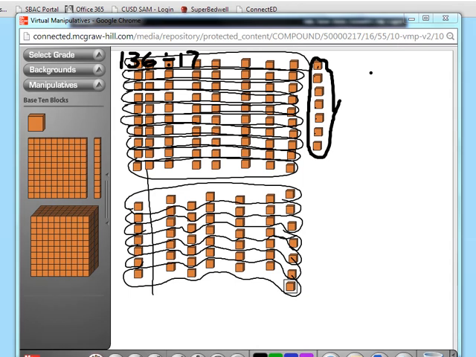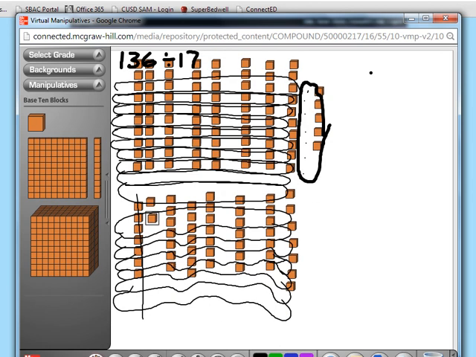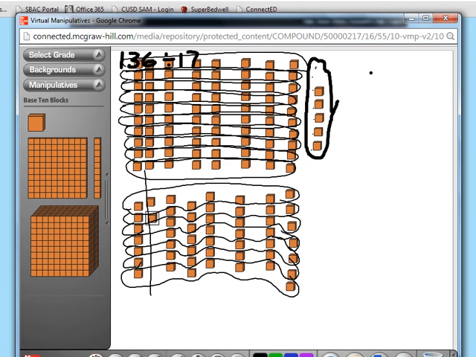So I messed up. Okay. So if you don't want to sit at home and draw circles or squares, you can do this and use your online manipulatives out of your math book. Log in on the website. Okay. So there we go.